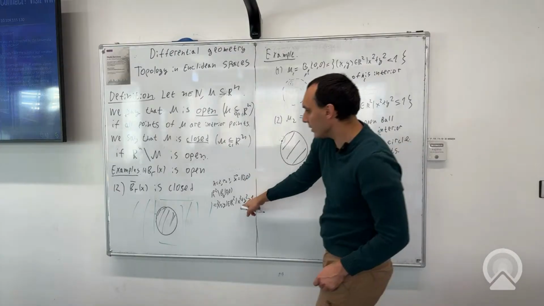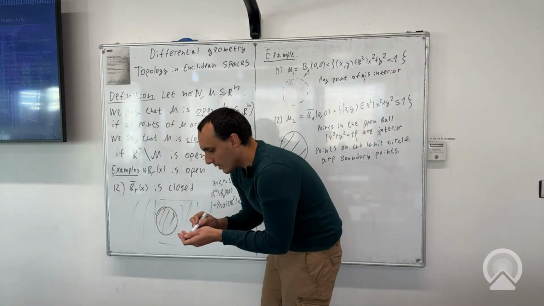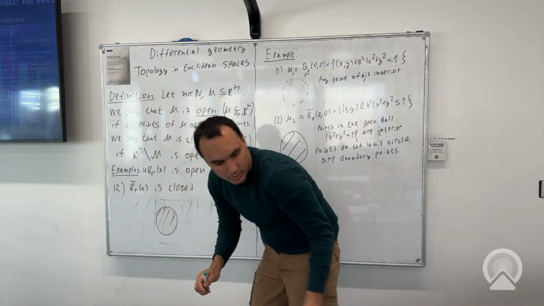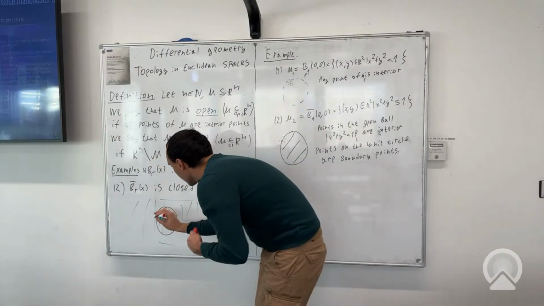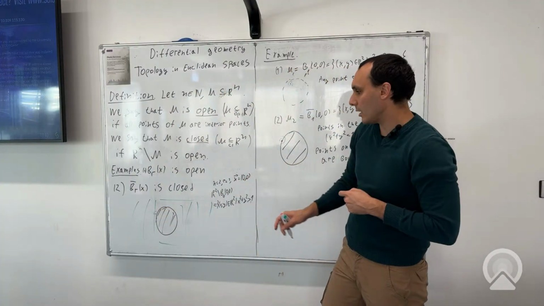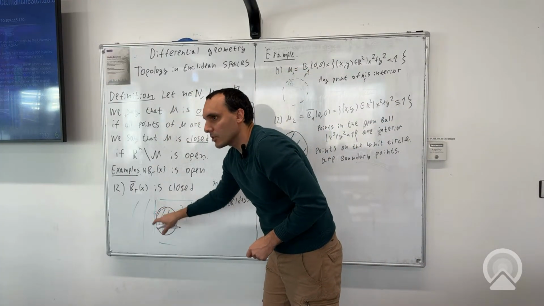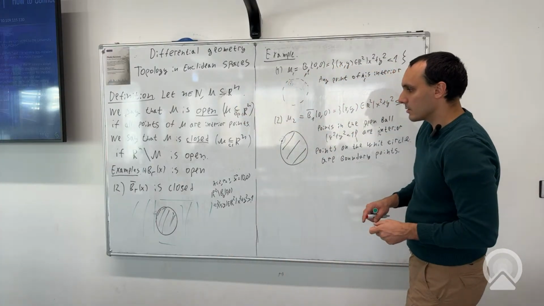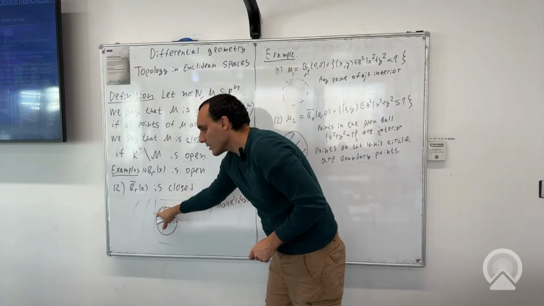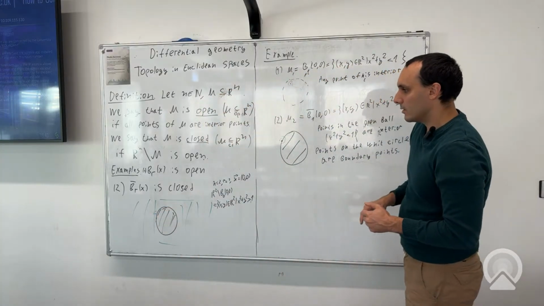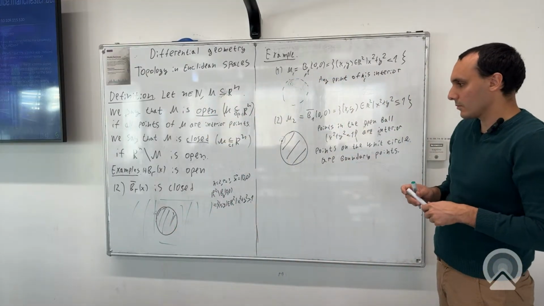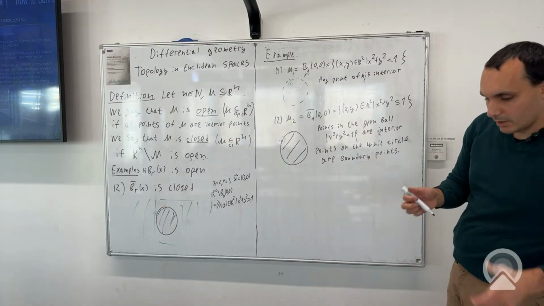If I take a point at a distance bigger than 1, I can still draw a small circle around this point that doesn't touch the initial closed ball.